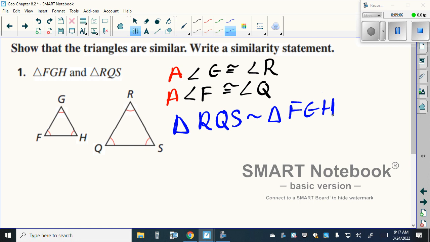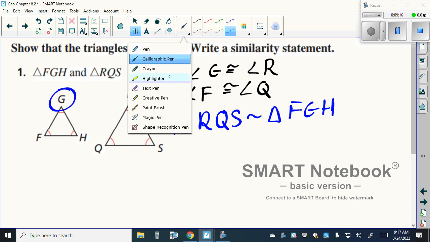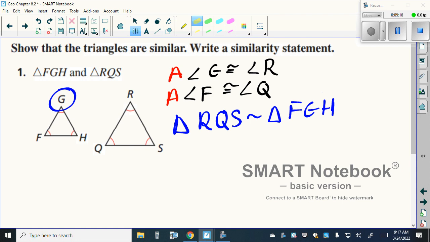So no matter how I arrange these, it's still going to give me the same similarity statement, because realistically angle G is congruent to R as we said, but it's also congruent to Q and S. It's congruent to all of them. So no matter how we set this similarity statement up, we would get the right answer.